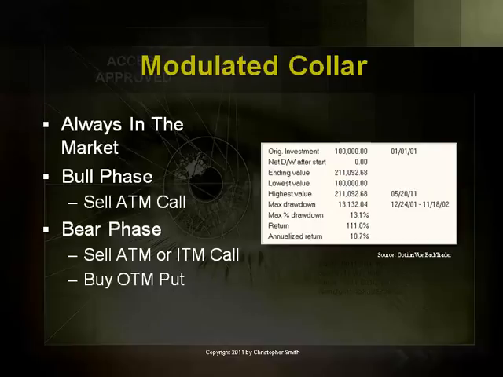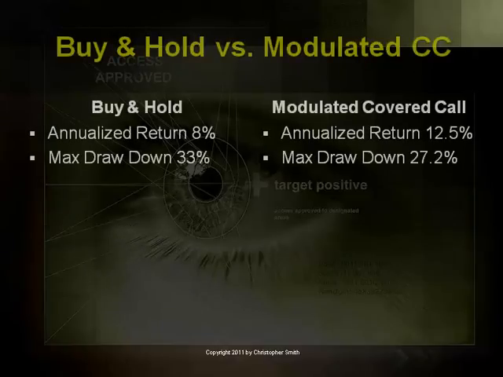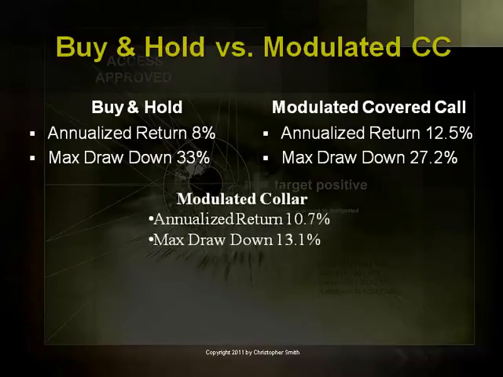Annualized, 10.7%. So we compare the modulated collar, and we're still beating the buy and hold on a yield basis, right? 10.7% versus 8%.